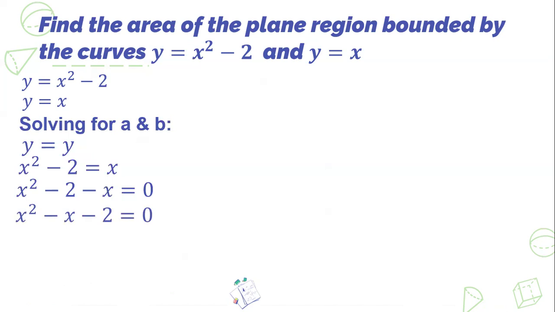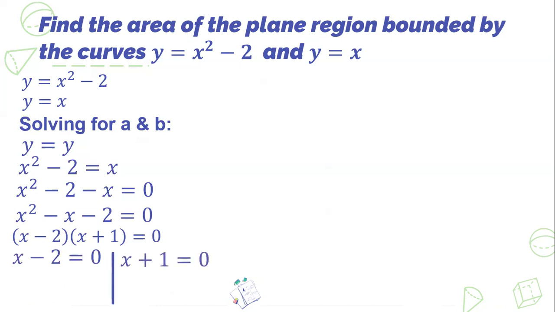So we can now apply the factoring method, the one that we have reviewed a while ago. The factors of x squared minus x minus 2 are the quantity x minus 2 times the quantity x plus 1. Then we apply the zero product property by equating both factors to 0. So we have x minus 2 equals 0 and x plus 1 equals 0 respectively.